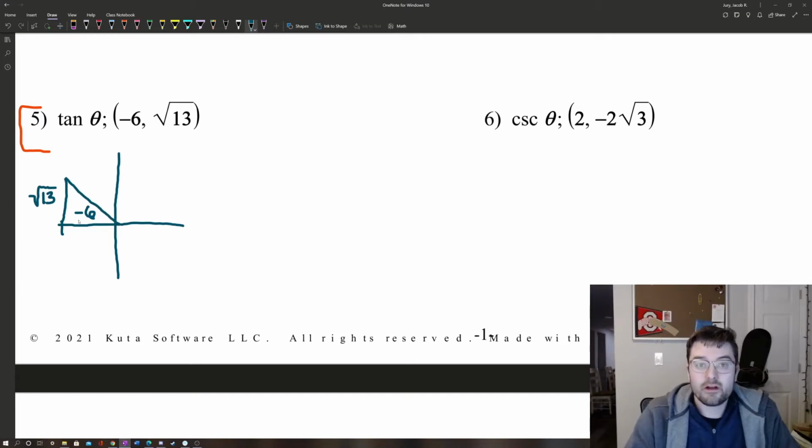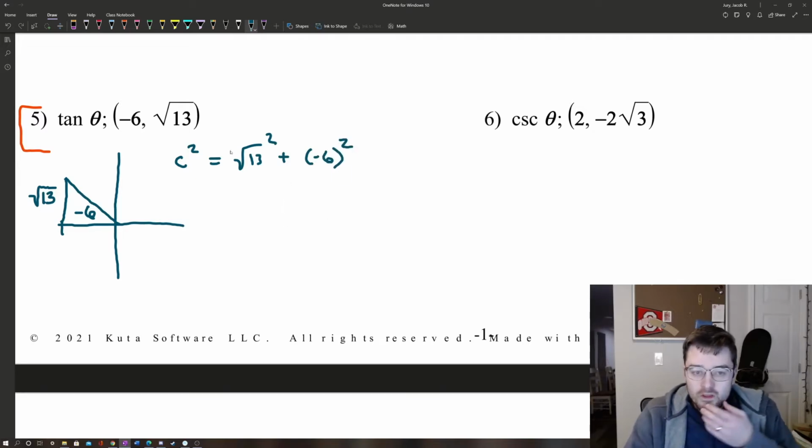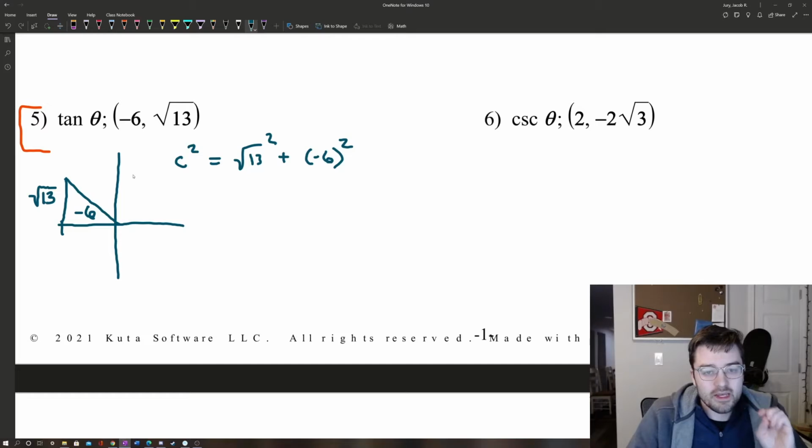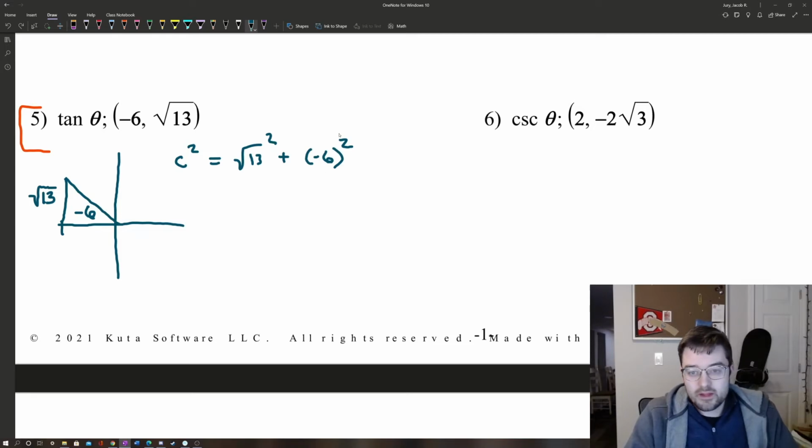Now I just need to figure out what my hypotenuse is. So c squared is equal to radical 13 squared plus negative 6 squared. So I know that we see a negative side for this triangle, but that's only because it's in the second quadrant.